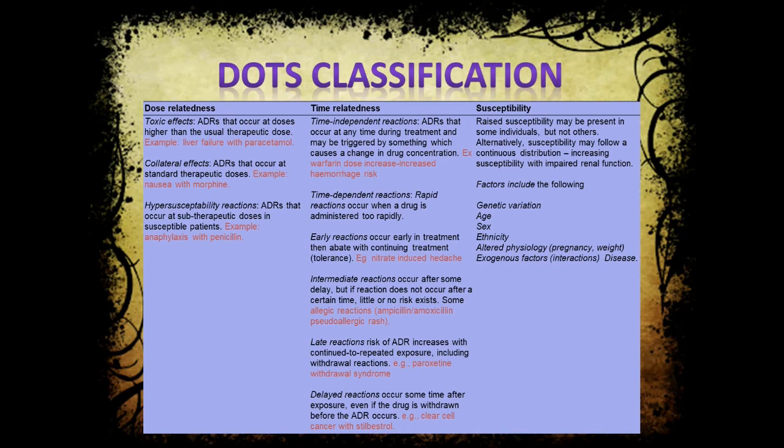So based upon these six criteria, the susceptibility, or the tendency of adverse reaction, alters from person to person. We'll discuss these susceptibility factors one by one.